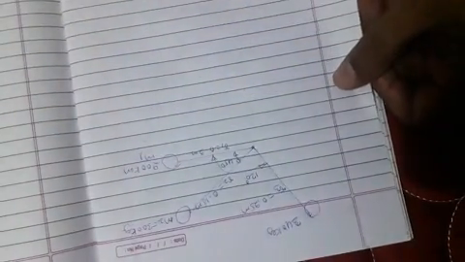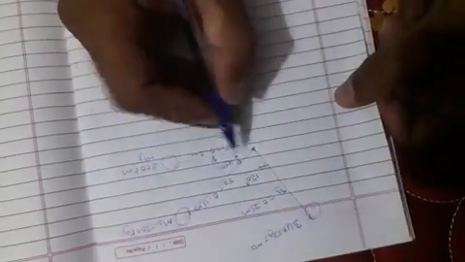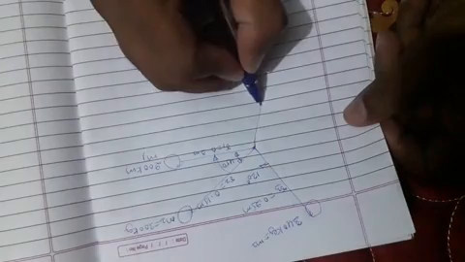And what is the fourth mass? So this is the M3. The fourth mass is at an angle 255 degree. So from here to here is 255 degree.